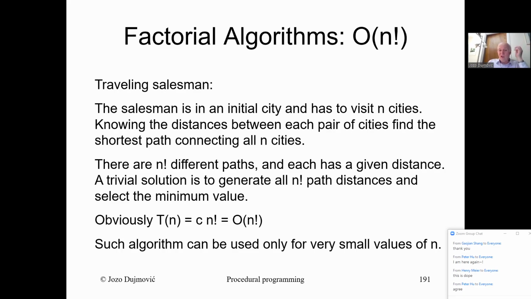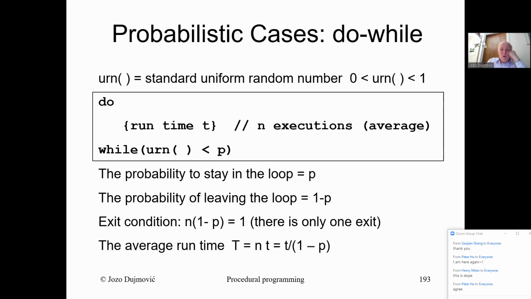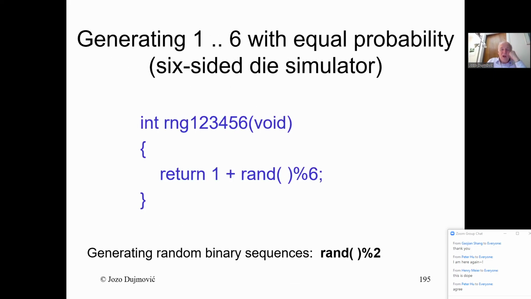This is the factorial algorithm, and traveling salesman is one of them. For such algorithms, you cannot write programs that work directly in that way, but you have to have something that is faster, but approximate.